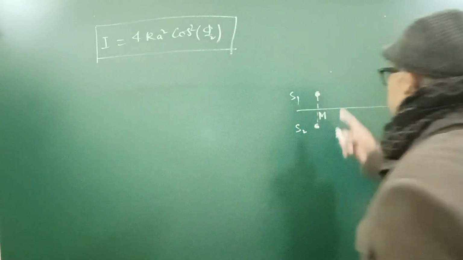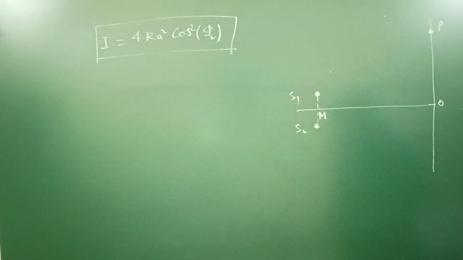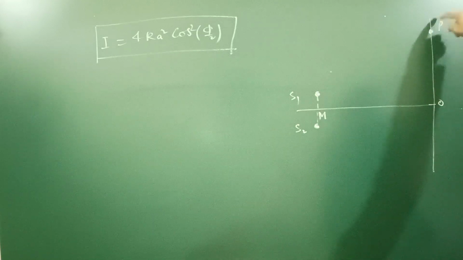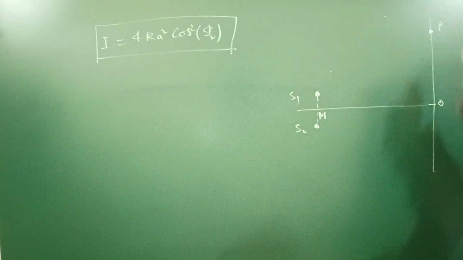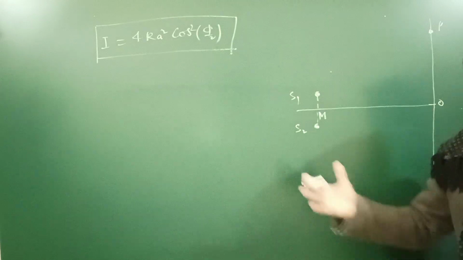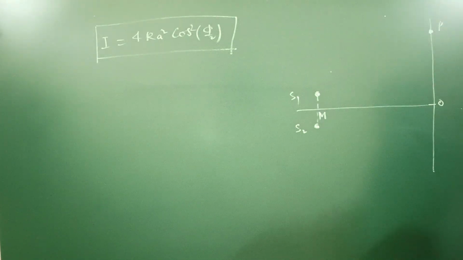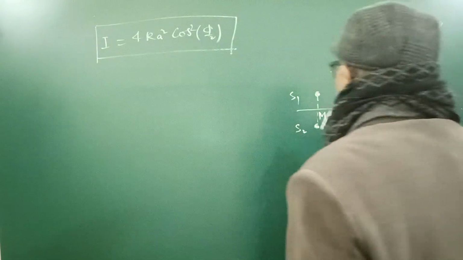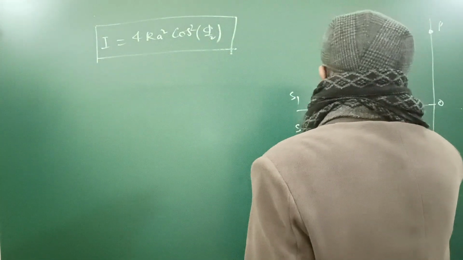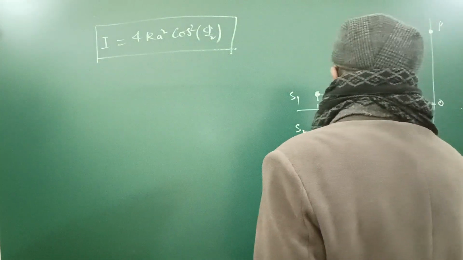So suppose S1 and S2 are two sources of sound emitting sound of the same frequency in the same phase, and OP is the plane of observation. You are an observer moving along this line. Then how will you find the intensity of sound? Point S1O, this wave will go this way.